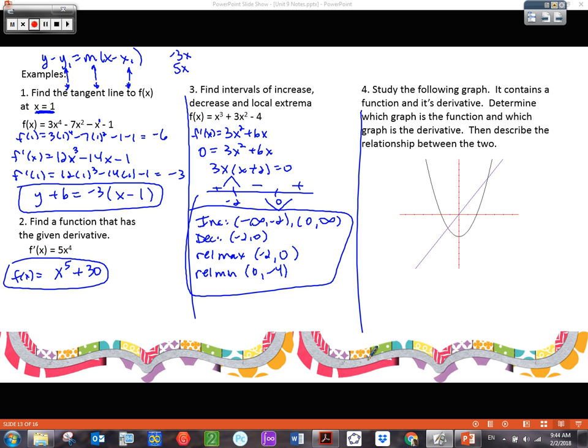But in fact, that could be a parabola and that could be a piece of x cubed. We don't know. We cannot assume that. So I'm going to tell you what we have to do. We need to check two things: extrema and increase, decrease.